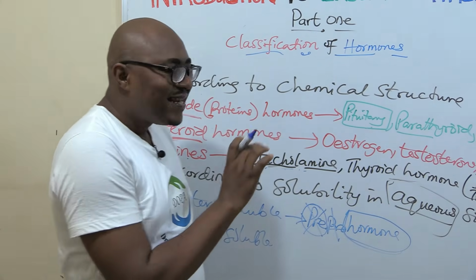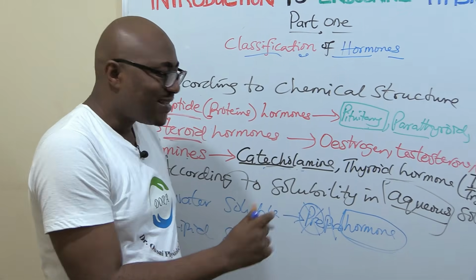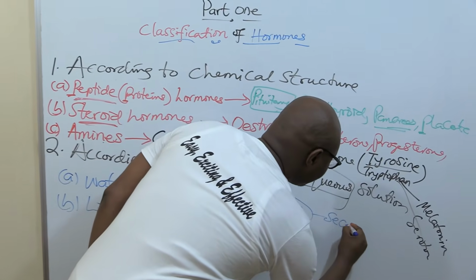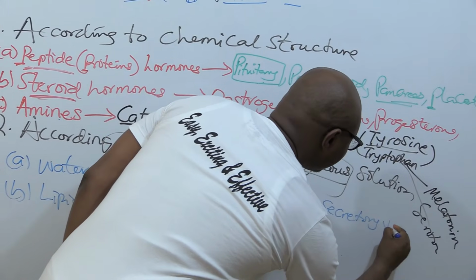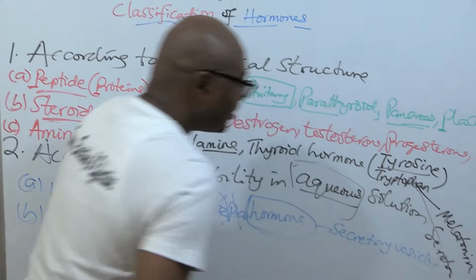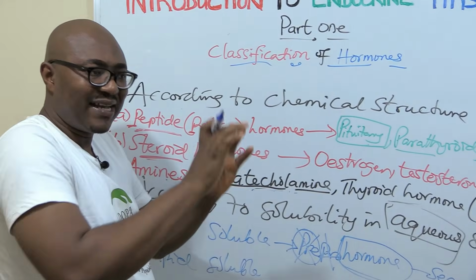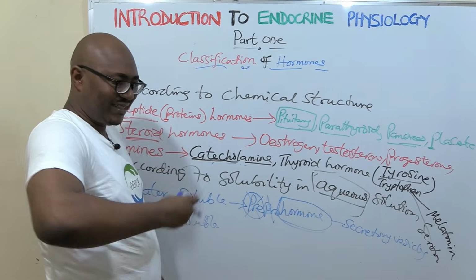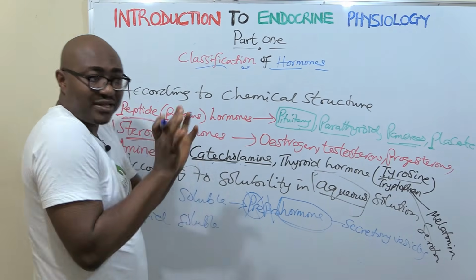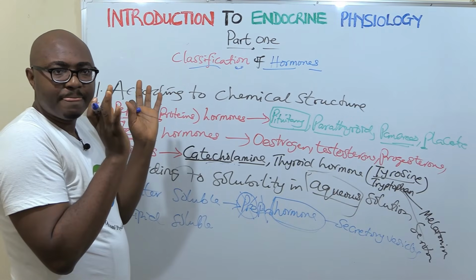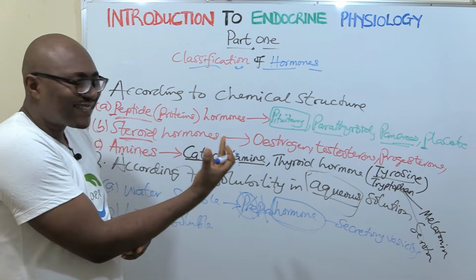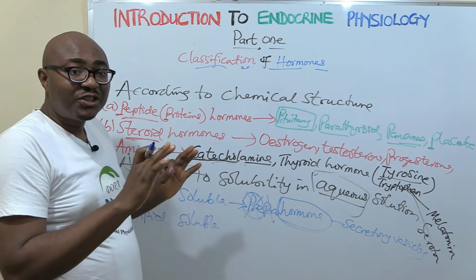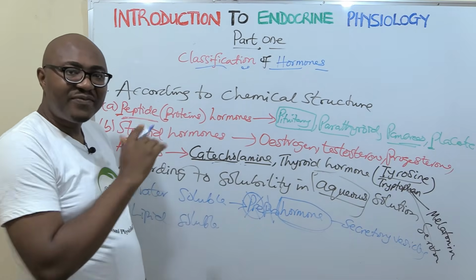Okay, and they are stored in secretory vesicles. That means they are already prepared and stored in vesicles even before they are needed, before they are stimulated to be secreted. They are already stored, prepared, waiting. So it makes the onset of action of these hormones very fast.